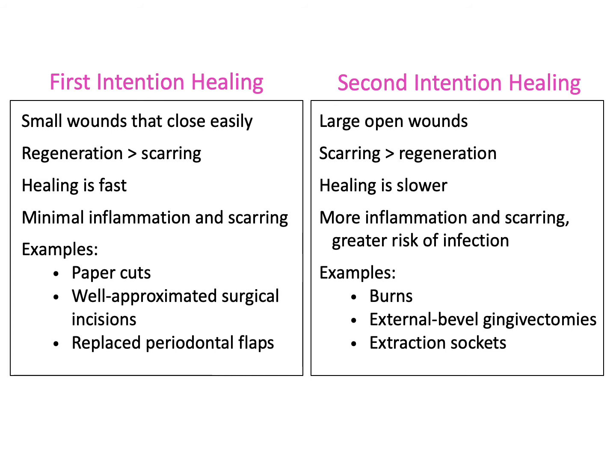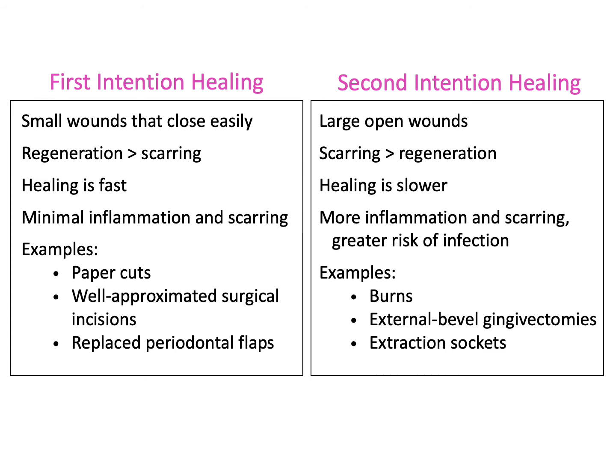Second intention healing, it's just sitting there open, right? You can't pull the edges together, so you're going to have more scarring. That's going to be the predominating thing if you're just looking at those two types of healing. First intention healing is faster than second intention healing in general, if you're looking at similar sized wounds. Second intention healing will be slower.